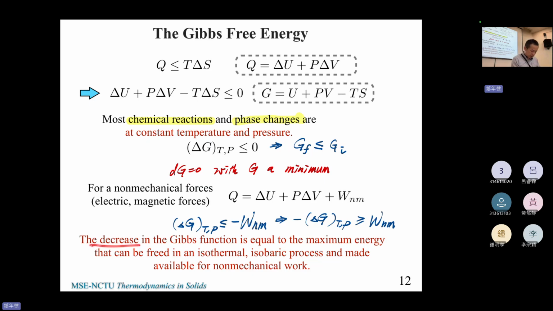The decrease in Gibbs free function, its physical meaning, is the maximum energy that can be freed in the isothermal and isobaric process, the available energy that can be used and also made available for non-mechanical work. What is non-mechanical work? Well, we talk about electric field work, magnetic force, or changing phases. So the Gibbs free energy is really useful for you and me.